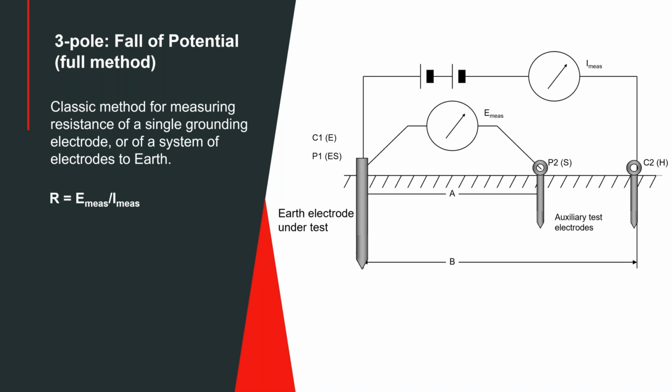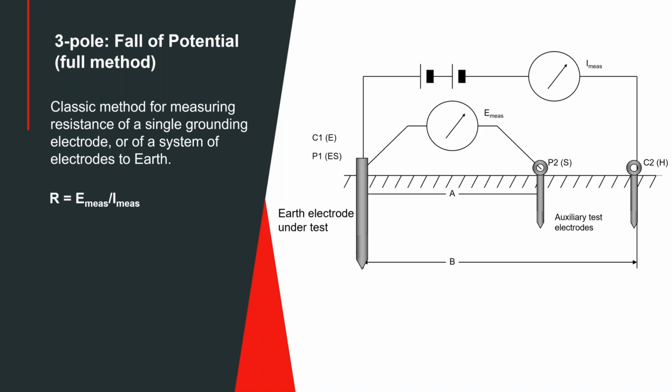And this typically applies a square wave current so that your tester can recognize your local current, your applied current, apart from the noise that's traveling in the soil. So a ground tester is not a DC test. It's a square wave test so that the measurement circuit just looks for the test frequency that the tester applied.